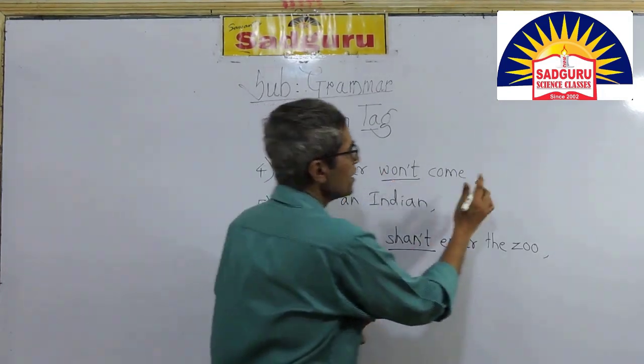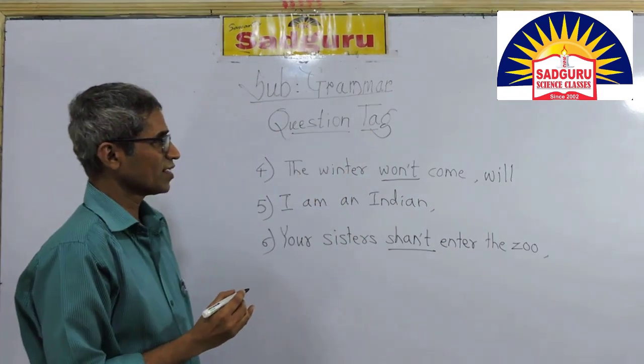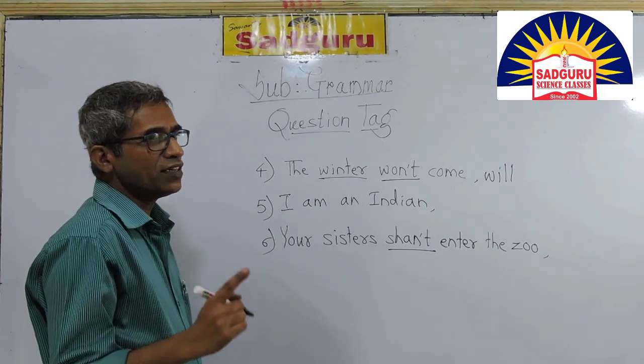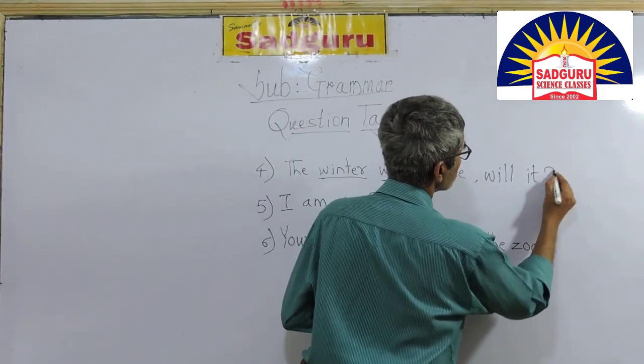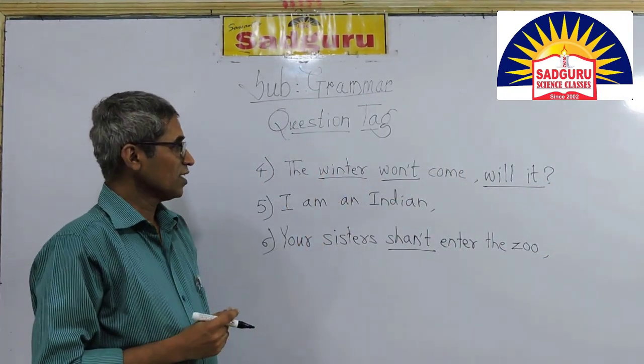So the auxiliary is will. And the subject is winter, one singular noun, so it. This is the question tag for the first statement.